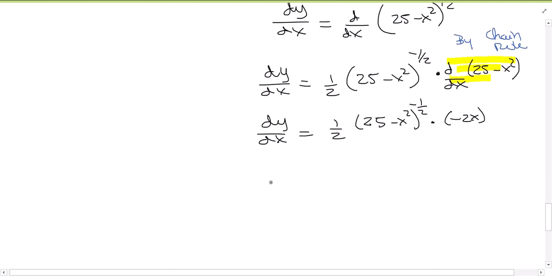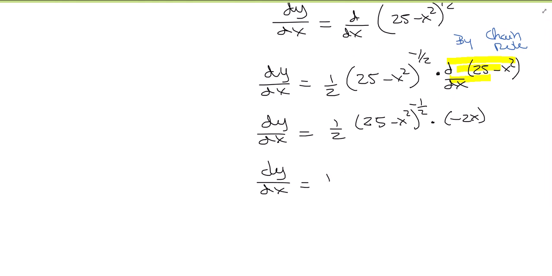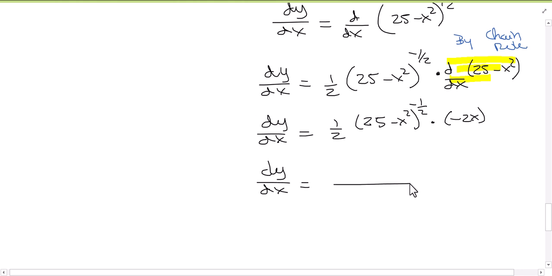So simplifying this derivative, dy/dx is, let's see, what's going to be in the denominator. I'm going to have this 2, and I have a negative exponent, so this is going to be 2 and (25 minus x squared) to the negative 1/2, right? So 25 minus x squared to the positive 1/2, and in the numerator I'm going to have that 1 times negative 2x.